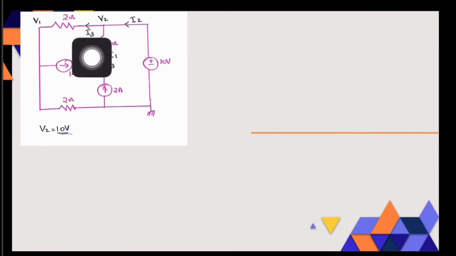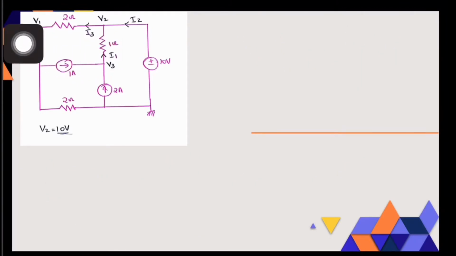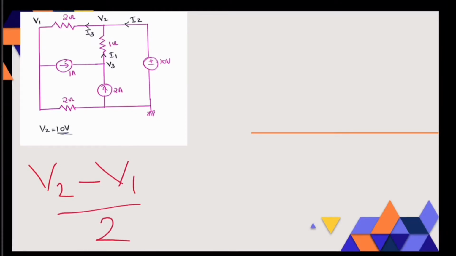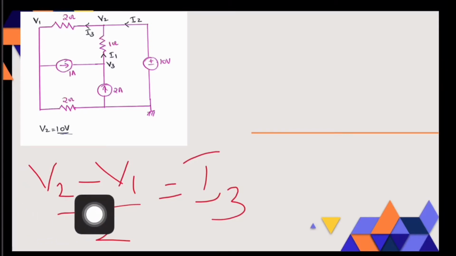Here, I3 is defined as current through this 2 ohm resistor from node V2 to V1. Hence, it can be mathematically expressed as V2 minus V1 by 2. That is I3. V2 is already obtained as 10 and V1 as 4.